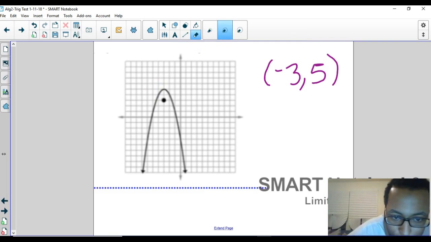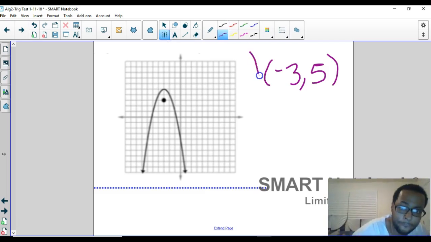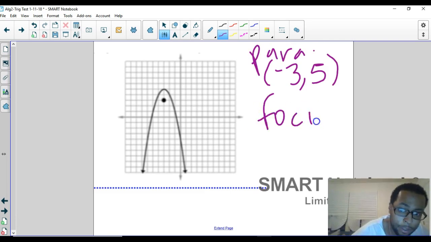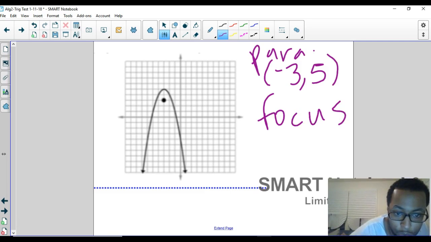So that is our parabola. Now we have the focus this time. What is our focus? -1, -2, -3, 1, 2, 3. So our focus is going to be -3, 3.